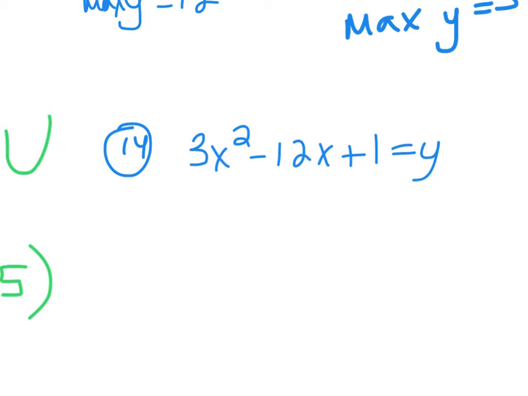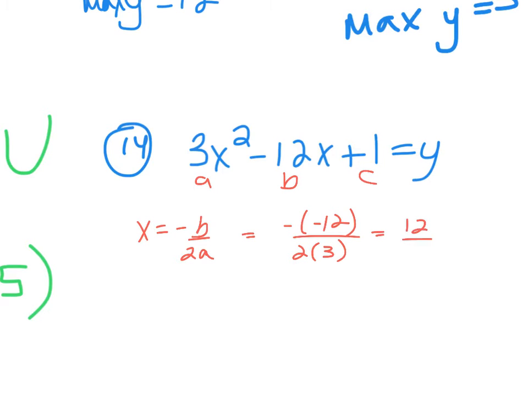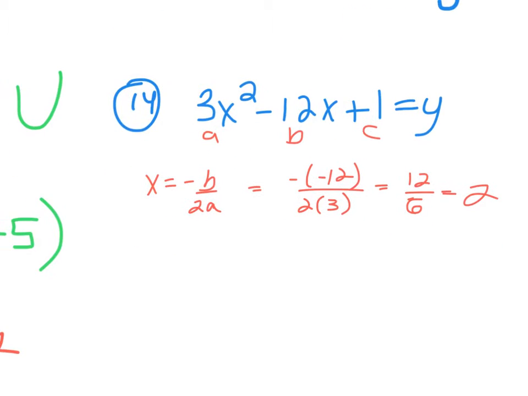All right, let's do this one. We're in standard form, so I have to say x equals negative b over 2a. A is 3, b is negative 12, c is 1. So I have negative negative 12 over 2 times 3. 12 divided by 6 is 2. So my vertex is at 2, comma, find y. I'm going to plug in 2.